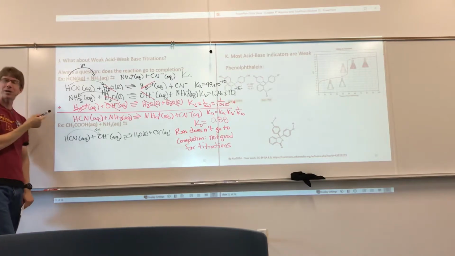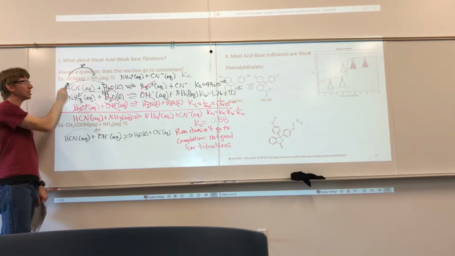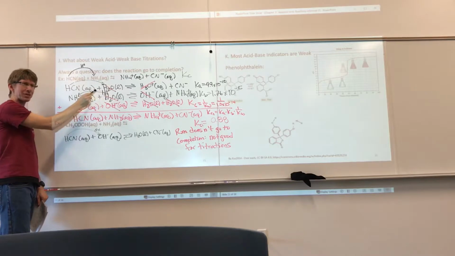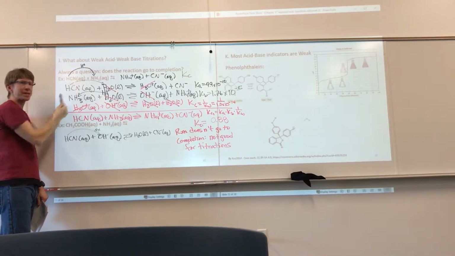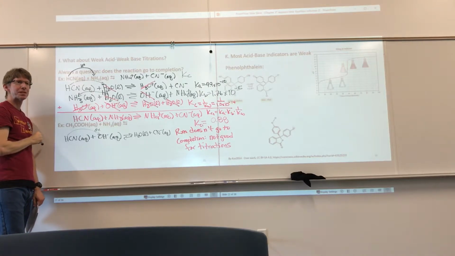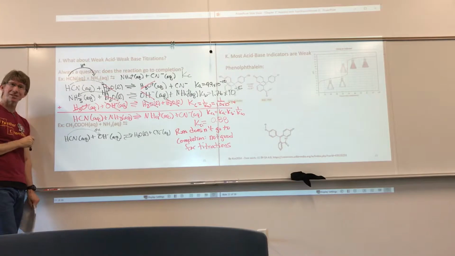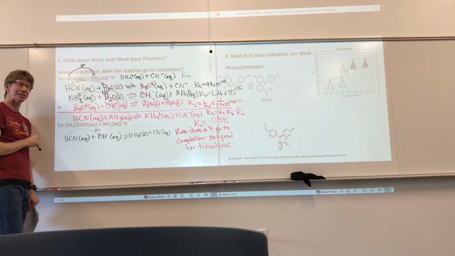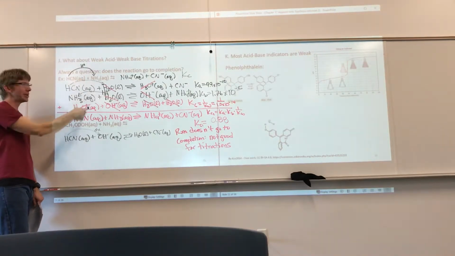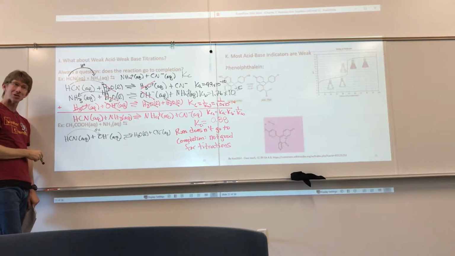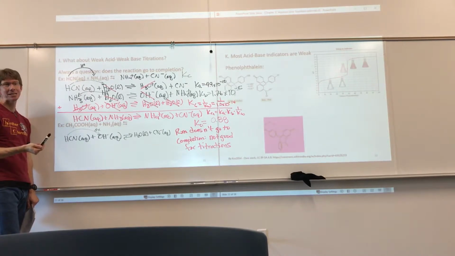I would say the one other thing about this problem is that while we would never do this as a titration, I could ask you to tell me what the K value was for this. And so the real reason, if your question is why, if this is not a good titration, are we even doing this, is because it's a very nice demonstration of how to add reactions and find a Kc value that you don't know.